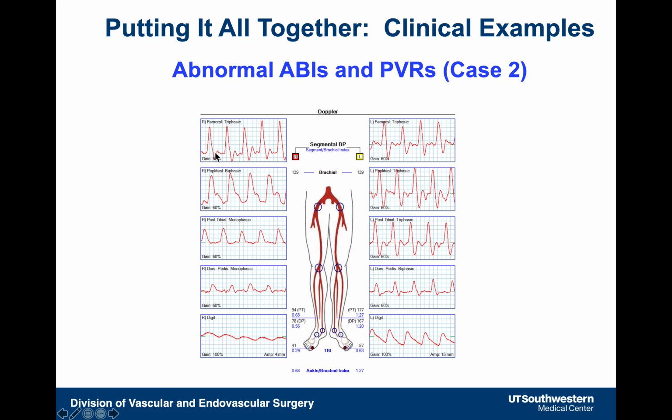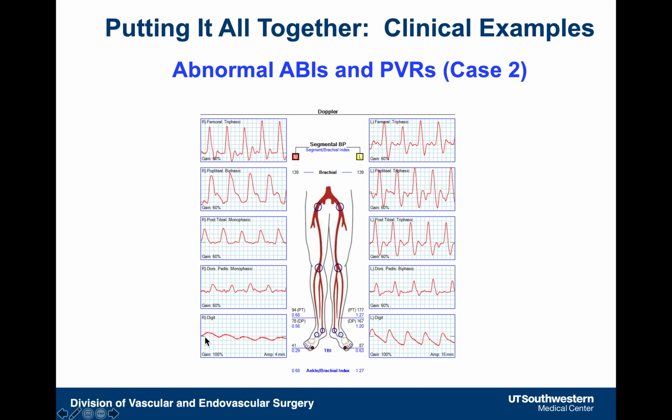What's interesting on the right is, as we look at this, the ankle brachial index is 0.68, but there's a triphasic waveform at the femoral, but then it deteriorates as you go down. This is multiphasic at the popliteal, but it's not as clean as the femoral level, so they call this biphasic, and clearly monophasic at the posterior tibial and dorsalis pedis arteries at the ankle.